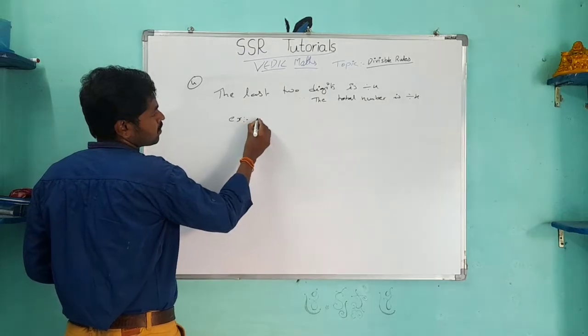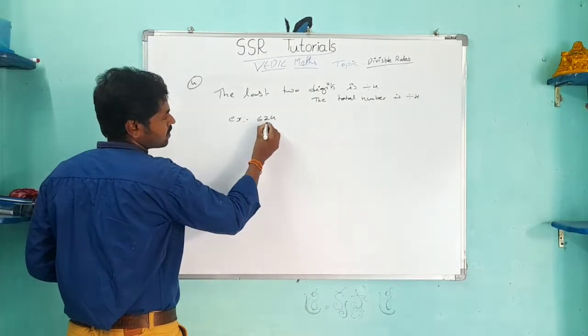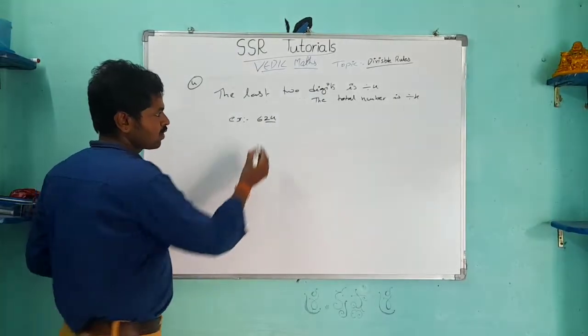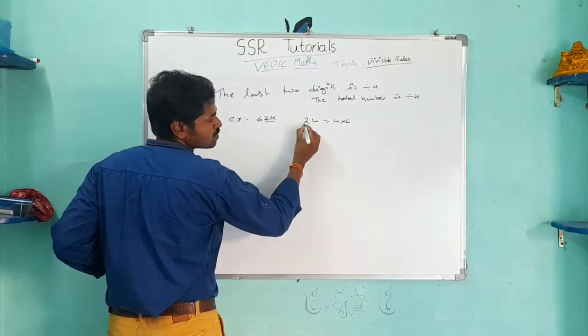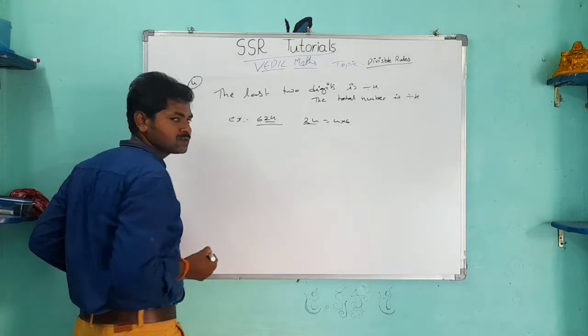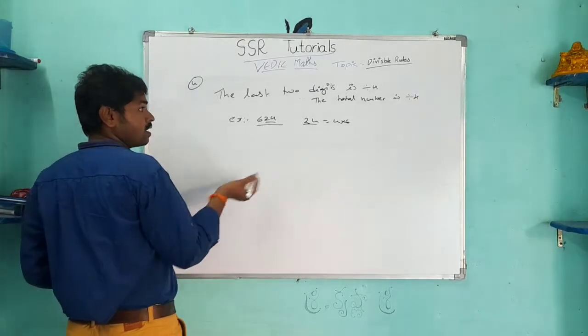Example, 624. The last two digits are 24. 24 means 4 sixes are 24. So 624 is also divisible by 4.